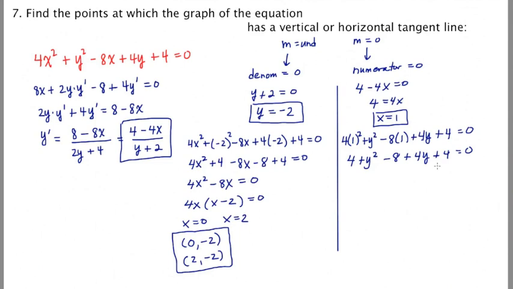The same thing that happened with the constants over here happens here: 4 plus 4 is 8, 8 minus 8 is 0. So we're left with y squared plus 4y equals 0. If I factor out a y, I'm left with y plus 4, and again I get two answers: y equals 0 and y equals negative 4. This is for the case when x is 1. So my possible answers are (1, 0) and (1, negative 4).